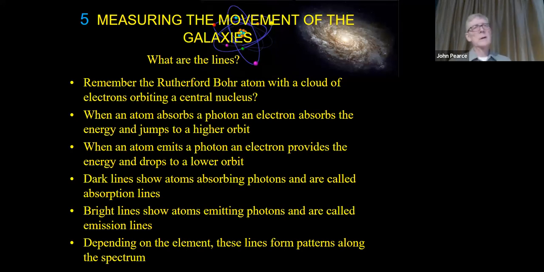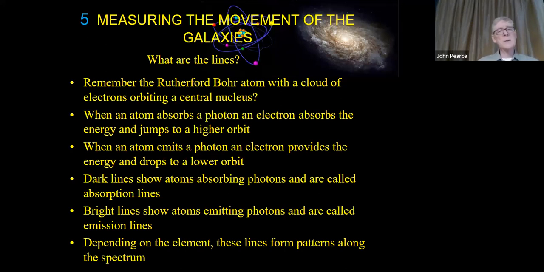When an atom absorbs a photon of light, one of those electrons jumps into a higher orbit. And when it emits a photon of light, one of the electrons jumps into a lower orbit. So they're giving up energy effectively, or absorbing energy. On a spectrum, the dark lines show atoms absorbing photons, and the bright lines show atoms emitting photons. So they're called emission lines and absorption lines.